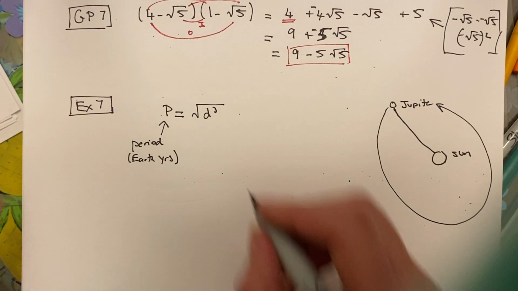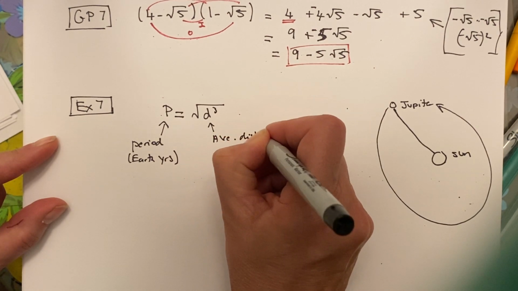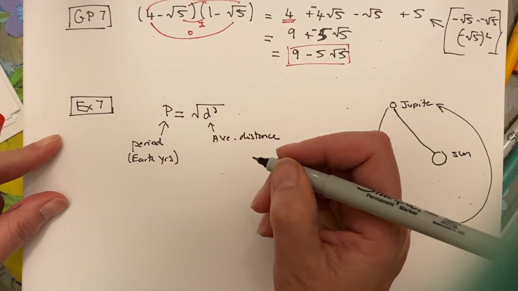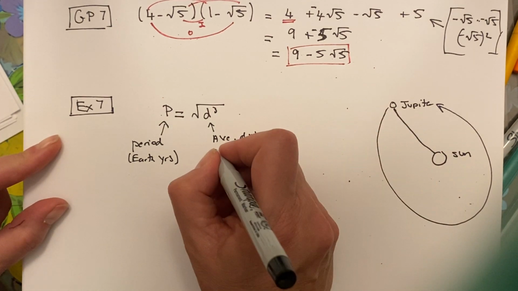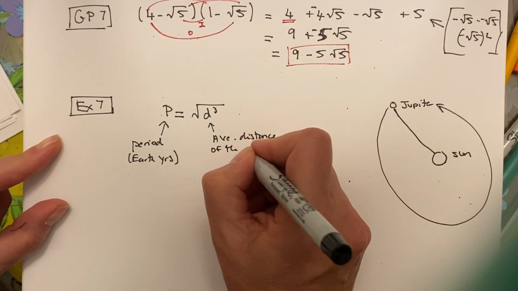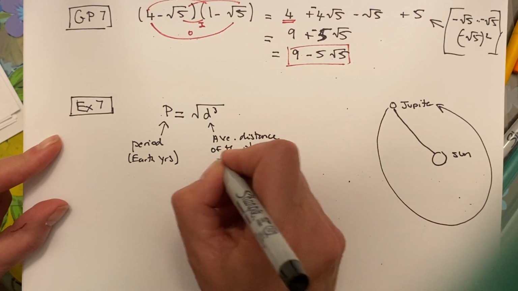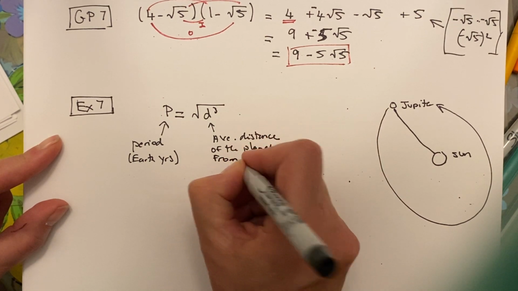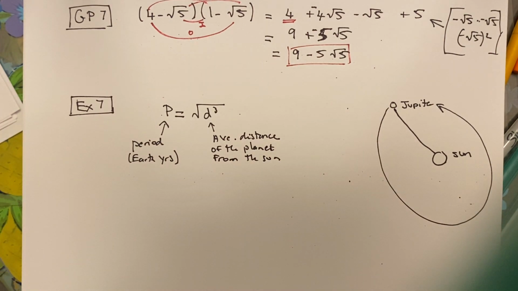And D is the average distance of the planet from the sun. Average because it's an elliptical orbit, right? Not circular. And the units for that is called astronomical units, AU.